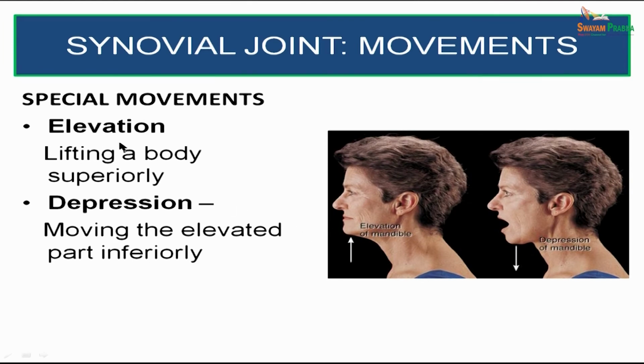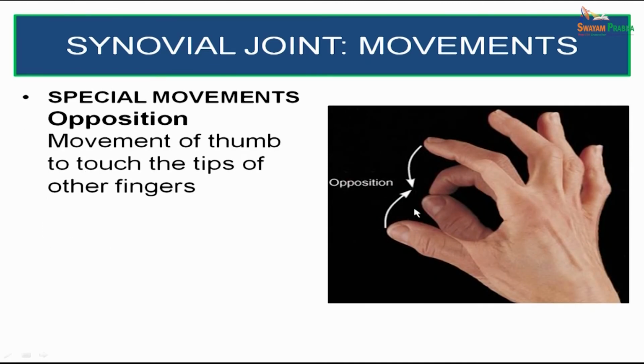We have the movement elevation, in which we close the mouth or lift the jaw, and depression, in which we open the mouth or the jaw comes down. We have a special movement of the thumb, which is called opposition, in which the thumb touches the tips of other fingers.